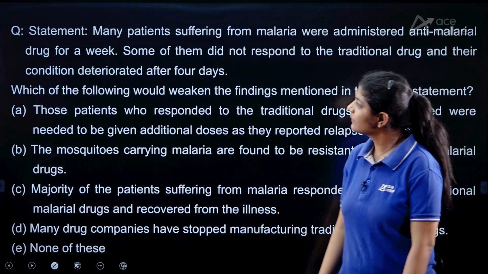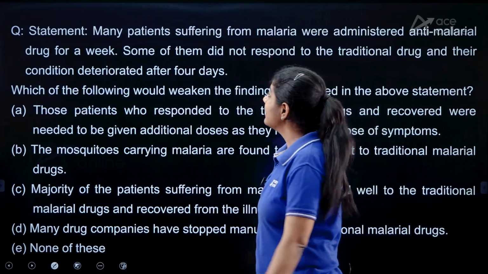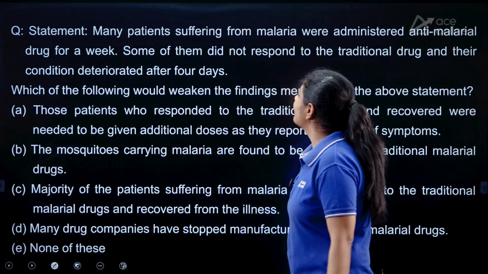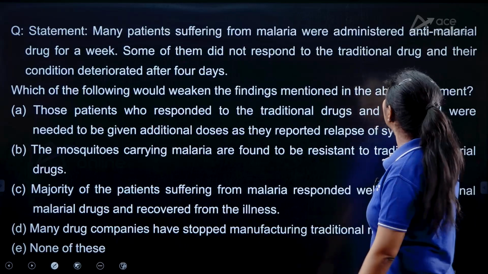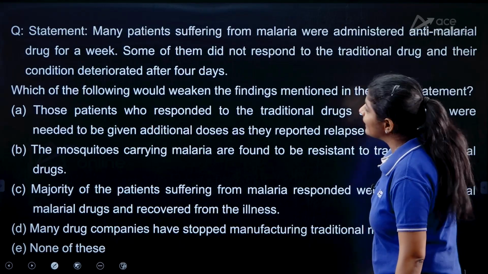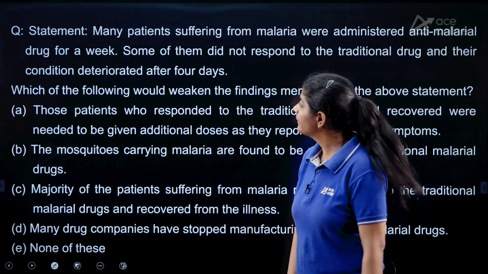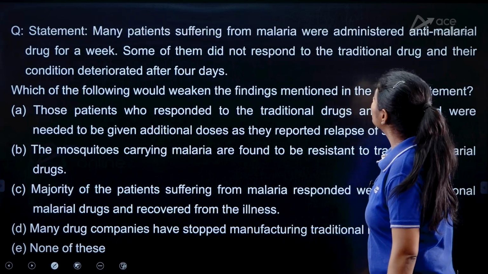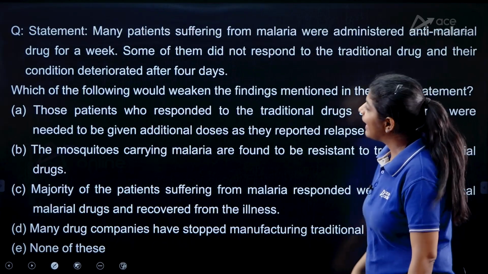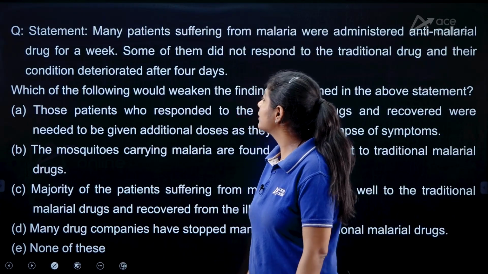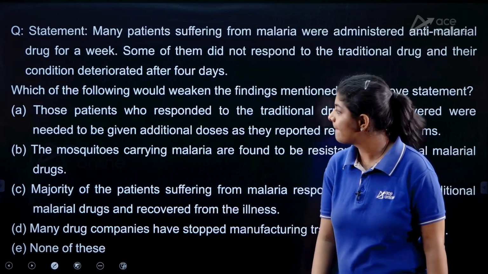Next, the next statement says that many patients suffering from malaria were administered anti-malarial drug for a week. Some of them did not respond to the traditional drug and their condition deteriorated after 4 days.